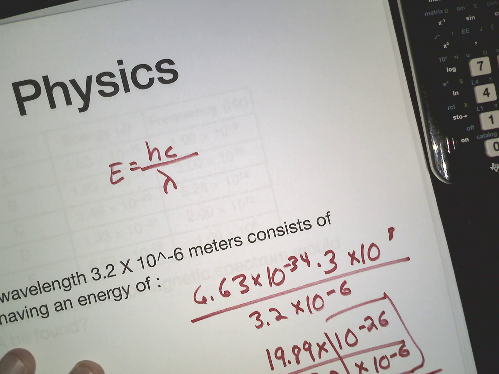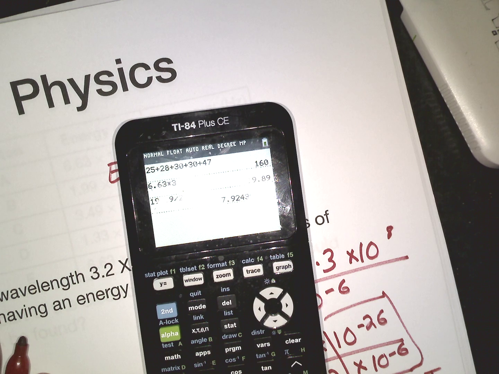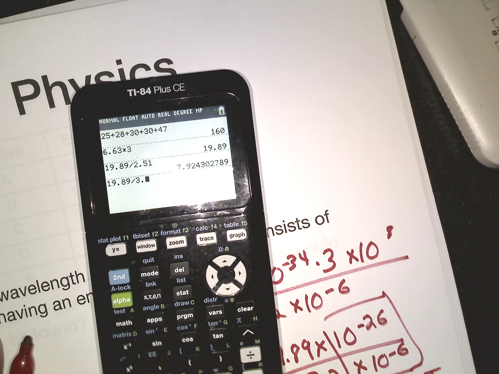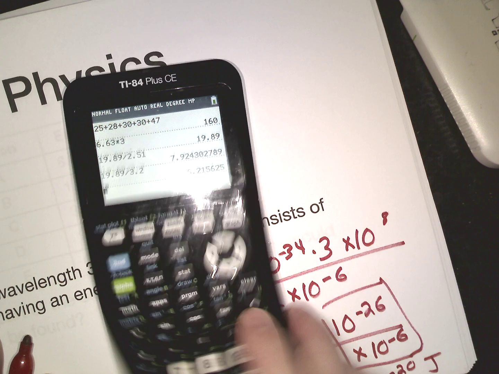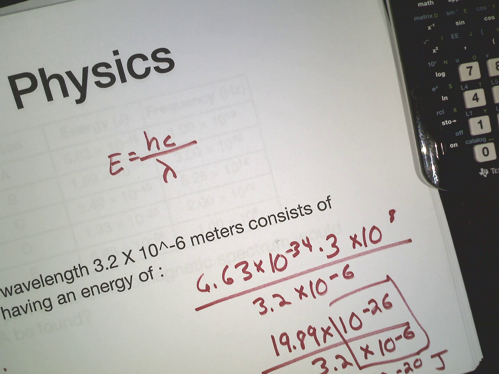Now 19.89 divided by 3.2 is 6.21. So 6.21 times 10 to the negative 20 joules, very little bit of energy. I mean, it's just a photon. 6.21 times 10 to the negative 20 joules.